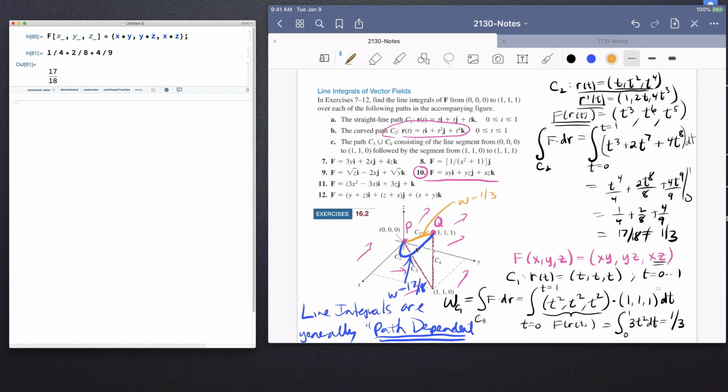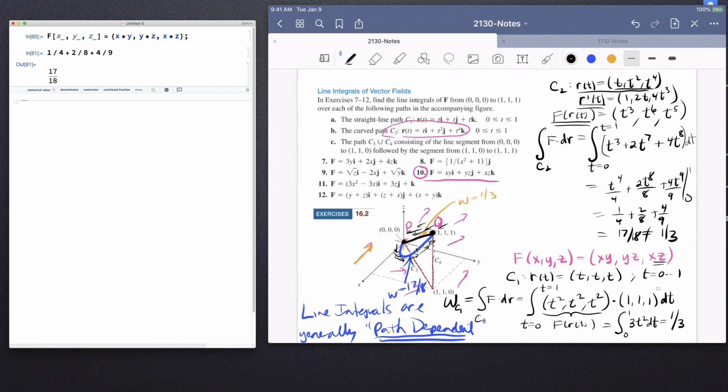So for example, you can imagine if the force field is a wind field, and you're trying to walk up the hill along these straight line paths, the wind may be hitting you in the face here, so you're having to do maybe a lot of work, right? But here, the wind along this other path may be kind of behind you, right?